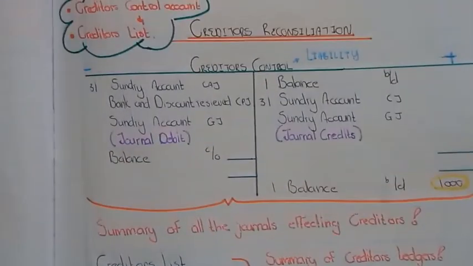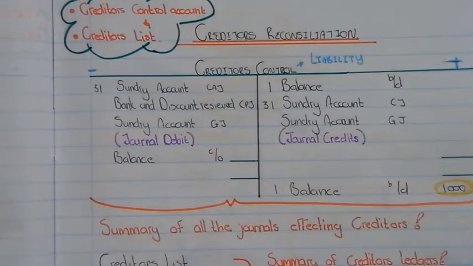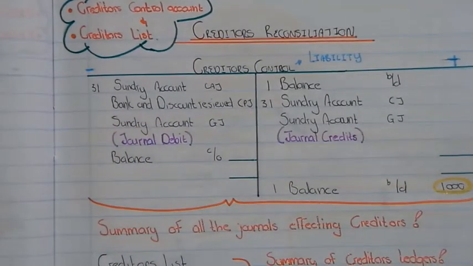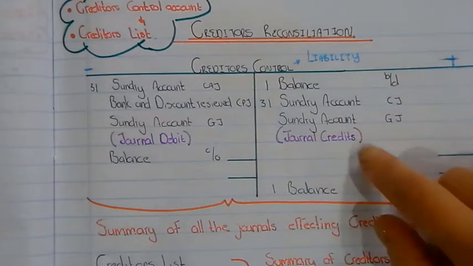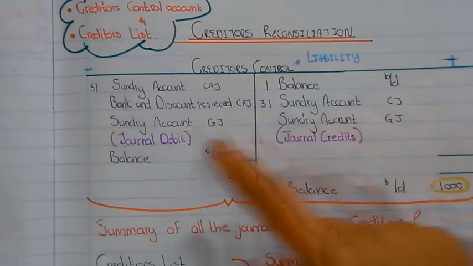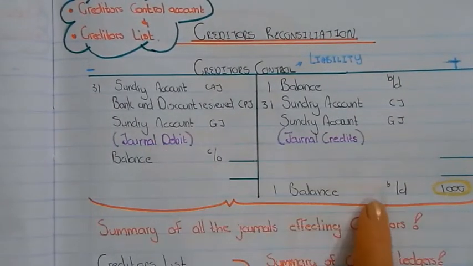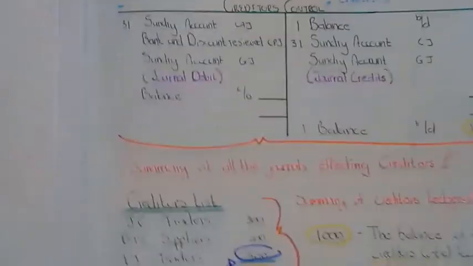But in my control account, it is shown as one entry. Then we can also have entries in our general journal. We can have transactions, journal credits that will increase the money I owe my creditor or decrease it. And then on my credit side, I will have my balance brought down.